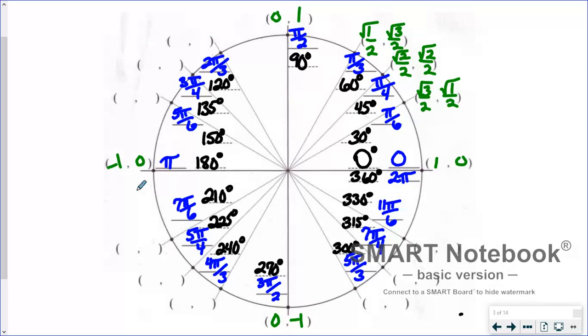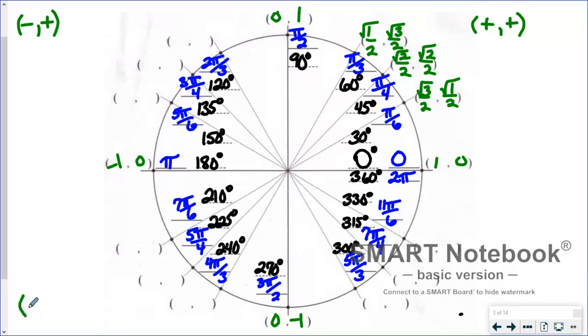Okay, now all of these other points are going to be the same, just with different signs. Now remember, in the first quadrant, both your x and your y coordinates are positive. In the second quadrant, your x coordinate is negative, your y coordinate is positive.